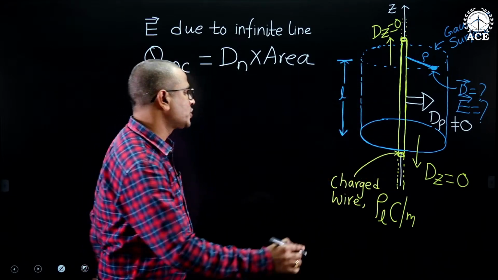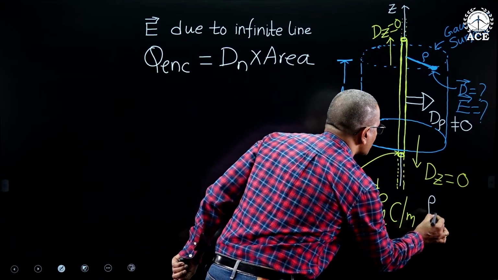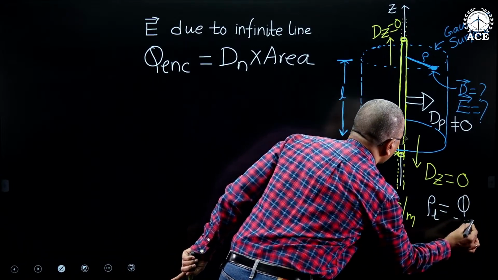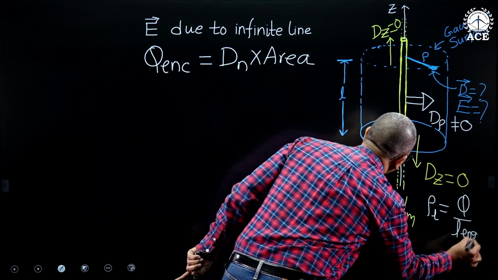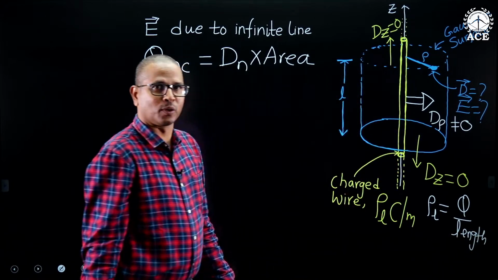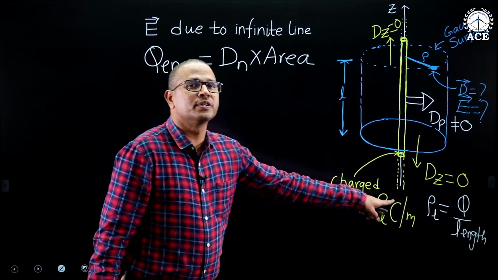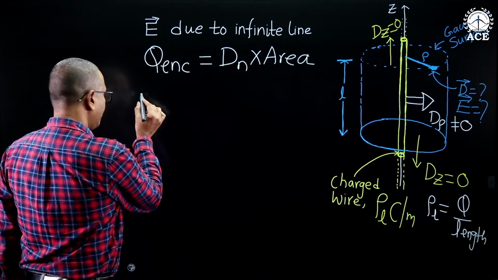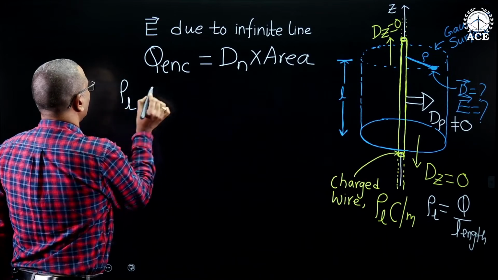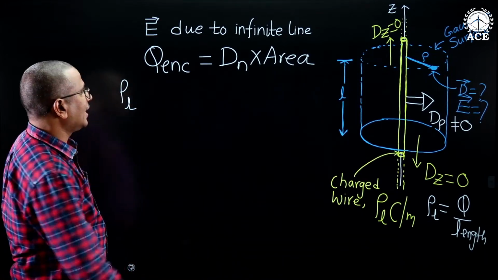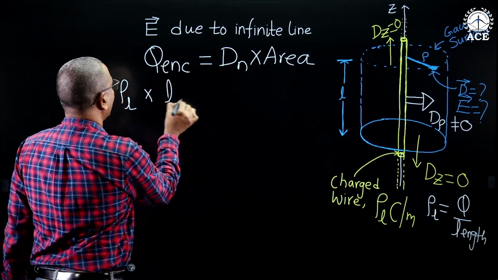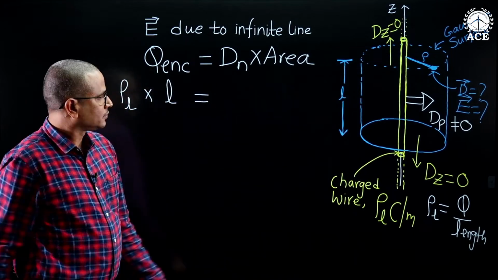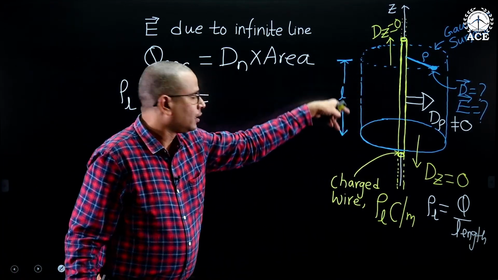Whenever they have given a line charge, how did you find line charge density? Rho L is charge by length. I want the total charge, Q enclosed. Q enclosed is equal to rho L multiplied with length L, the charge contained by this.